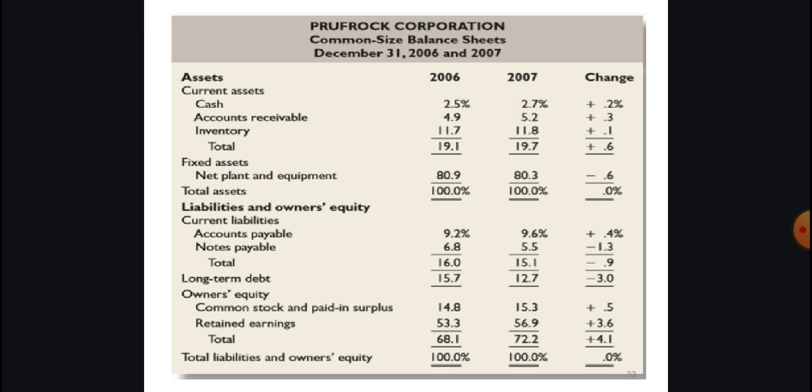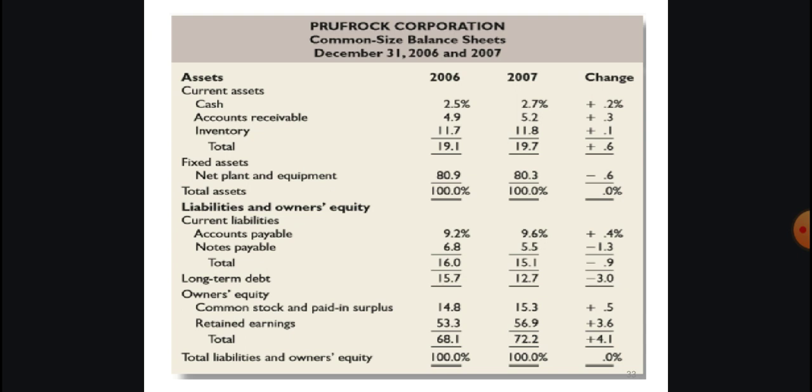In the same way, accounts receivable is 4.9% of the 100%, which is total assets, in 2006, and 5.2% in 2007. Again, the difference is positive. 5.2% minus 4.9% is a 0.3% positive increment.